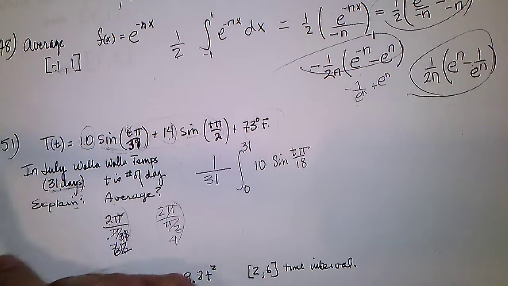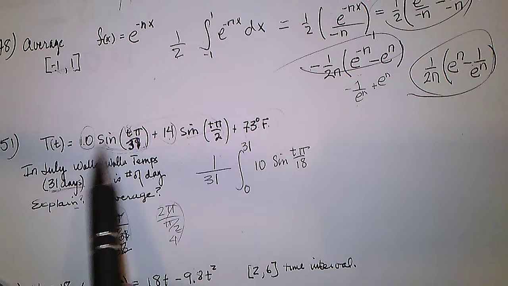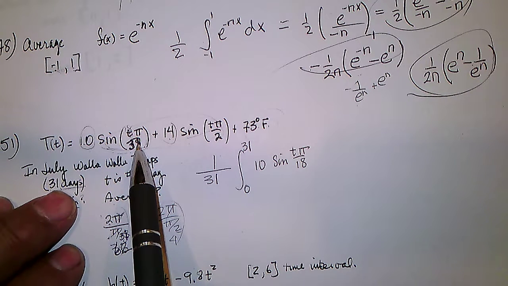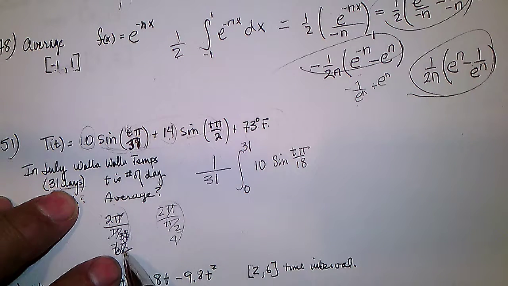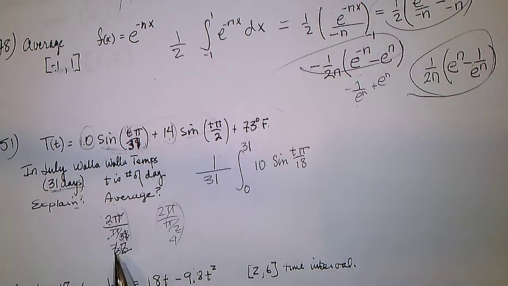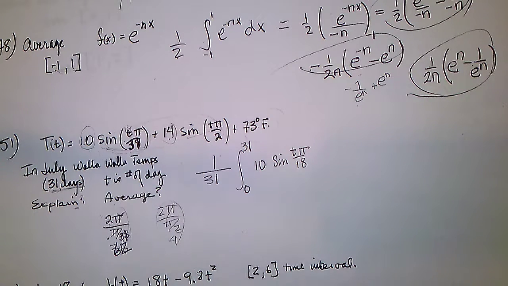And then the next 31 days for the 62 period, it's going to start cooling down. So it's going to increase 10 degrees in July by the end of July. And then the next 62 days, it's going to drop the 10 degrees. So August, it's going to go down the 10 degrees. So that's what this is doing, the monthly change.